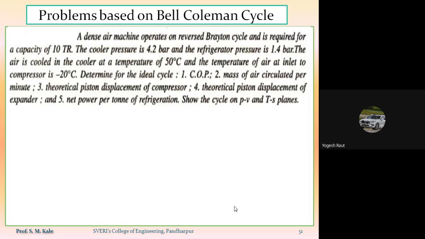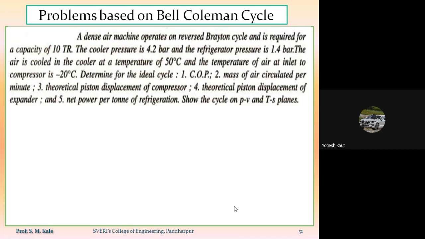A dense air machine operates on a reverse Brayton cycle and is required for a capacity of 10 TR. The cooler pressure is 4.2 bar and the refrigerator pressure is 1.4 bar.